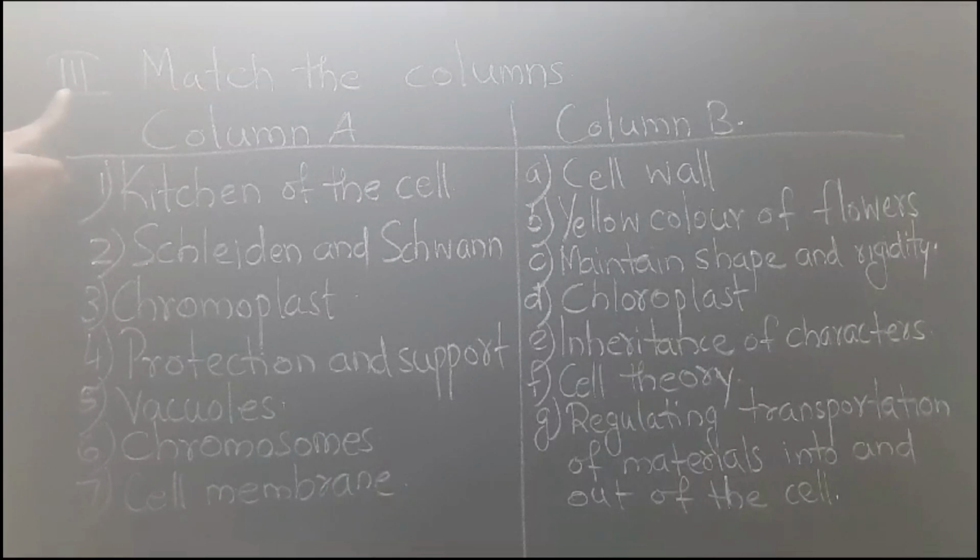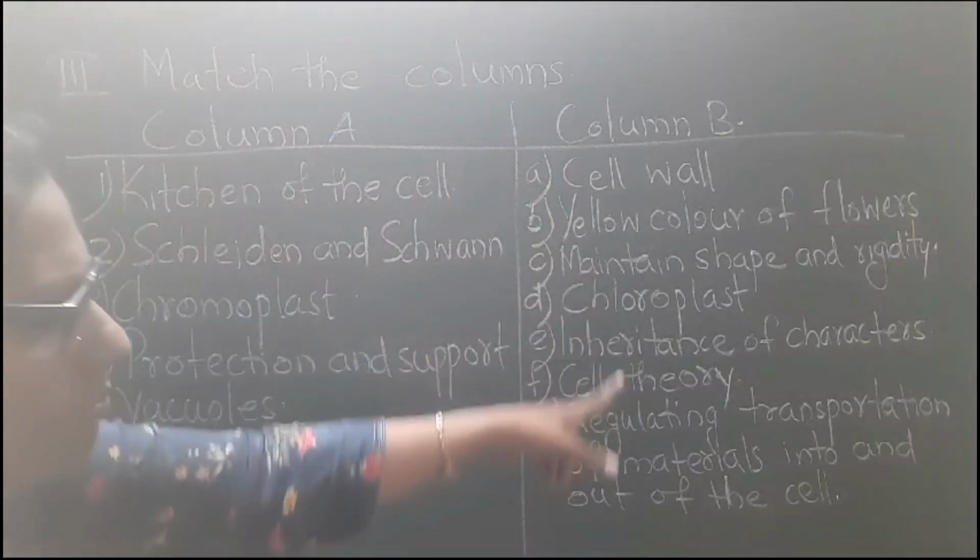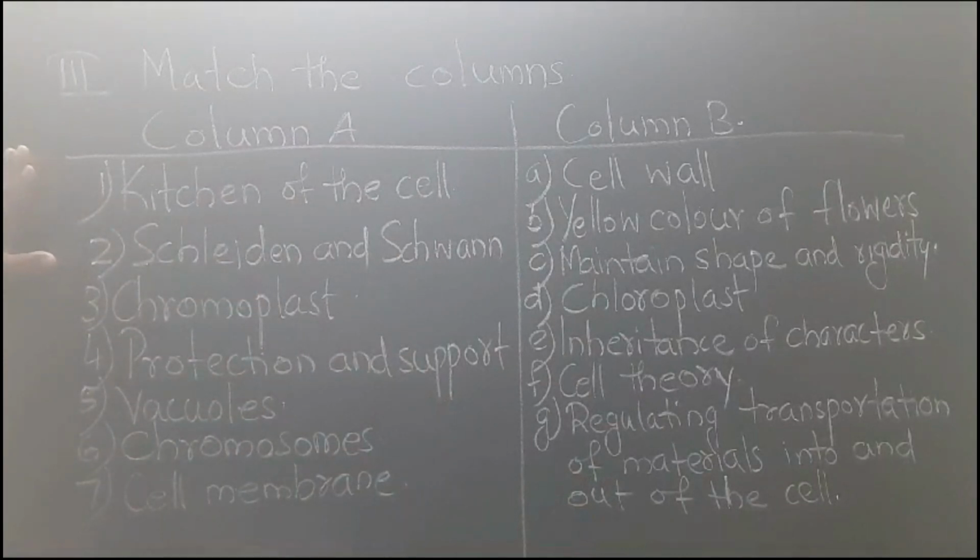Number 3, match the columns. Column A and column B. Under column A, kitchen of the cell, Schleiden and Schwann, chromoplast, protection and support, vacuoles, chromosomes, cell membrane.